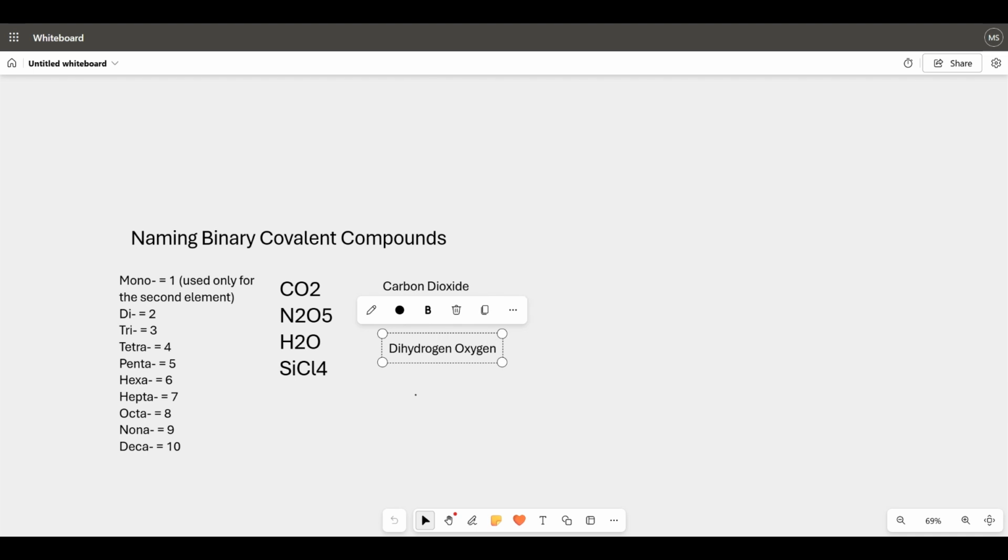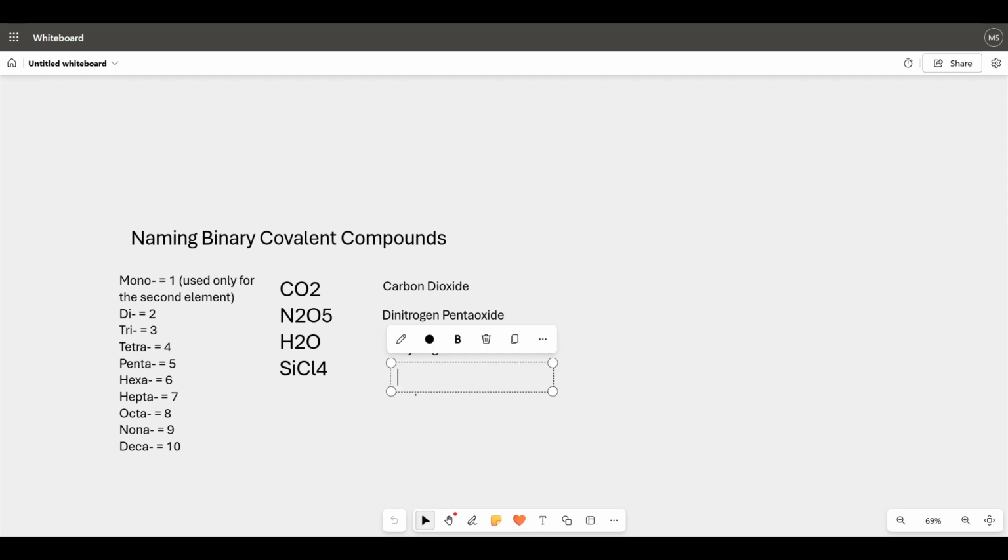And since we use mono only for the second element, and since there's no subscript for this, we can immediately assume there's one oxygen, meaning that this is going to be monooxygen. However, we know that this is not right because now we have to add an ide. So now we put dihydrogen monoxide.